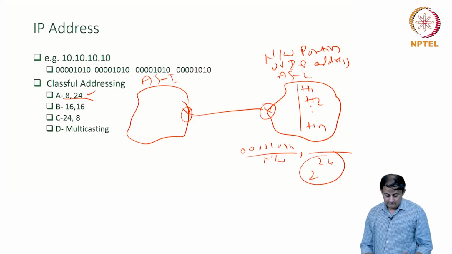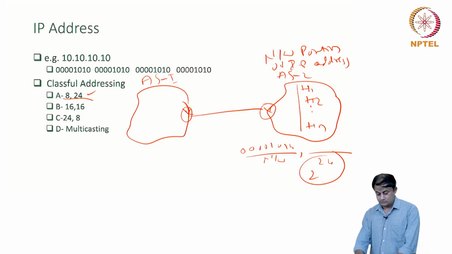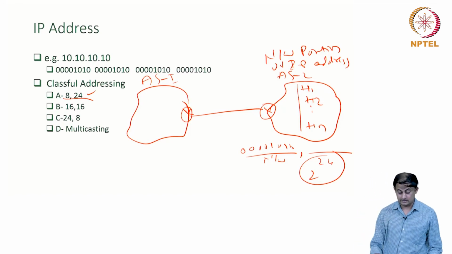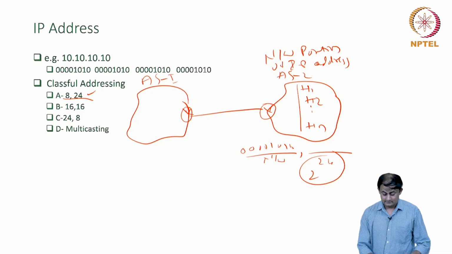Given that all the hosts inside autonomous system 2 share a common prefix of the IP address, looking something like this, all the packets going to H1, H2, H3, or so on up to Hn have to take the same route.